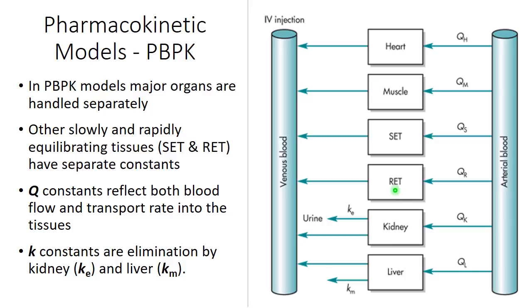Okay, every single one of these will have its own K constant. The Km in the liver means the K metabolism, so the metabolic rate. The Ke in the liver, in this case, means the renal elimination rate. And we would have so on and so forth for every organ, so you can predict the concentration of the drug in the blood over time.